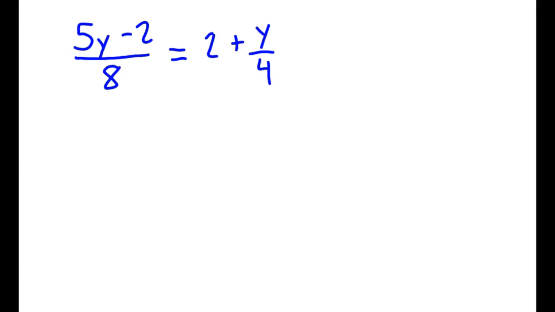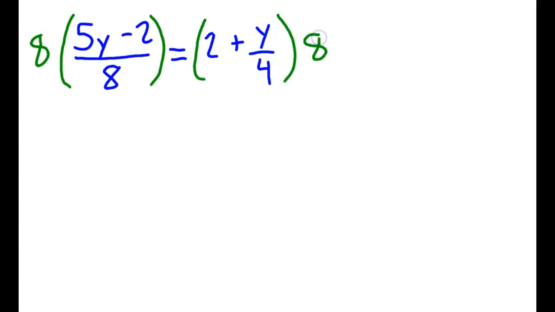Another method we can use is find the least common denominator of every term. In this case, we have a denominator of 8, 1, and 4. So the least common denominator is going to be 8. So we multiply the left side and the right side of this equation by 8.